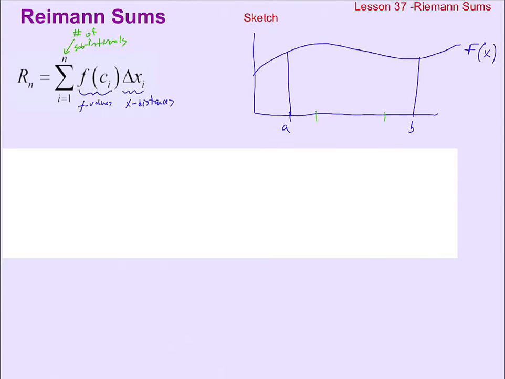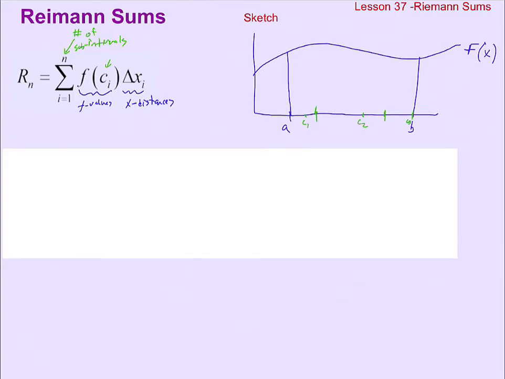So what I'm going to do is take 3 y values. The y values I'm going to take come from different x values. Those x values are the c sub i, different x values. So this right here could be c sub 1. And maybe right here would be c sub 2. And you know what? I'm going to make this one my c sub 3. There's no rhyme or reason to the ones that I picked. The key is that each one, though, is within each of the three intervals.